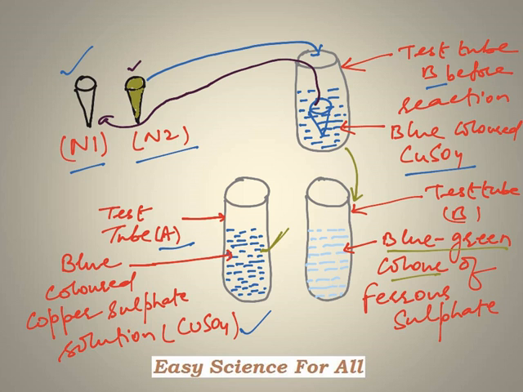Now, why it happened so? It is because the copper sulfate solution got converted into ferrous sulfate solution. So the blue green color in this test tube B after the reaction is in fact the color of ferrous sulfate. Now let us look at the reaction equation.